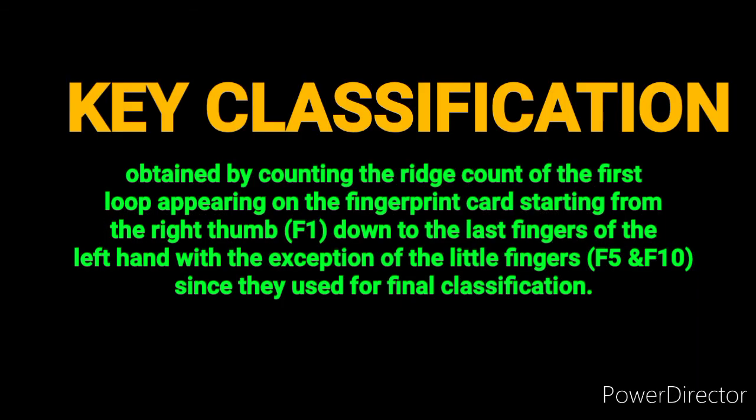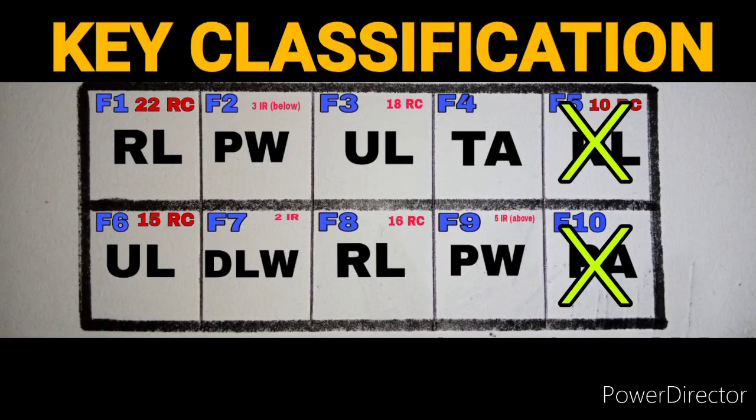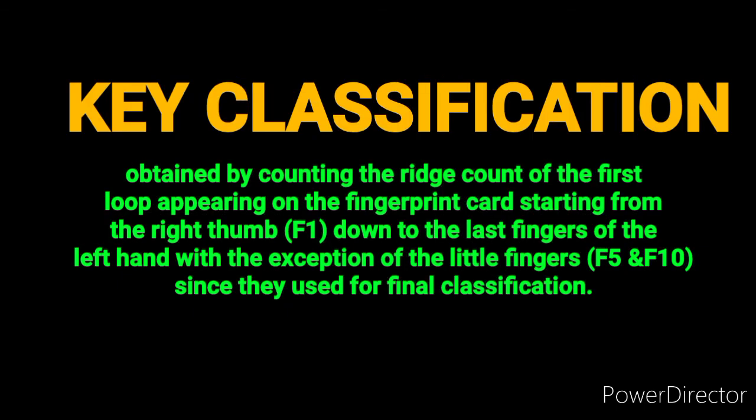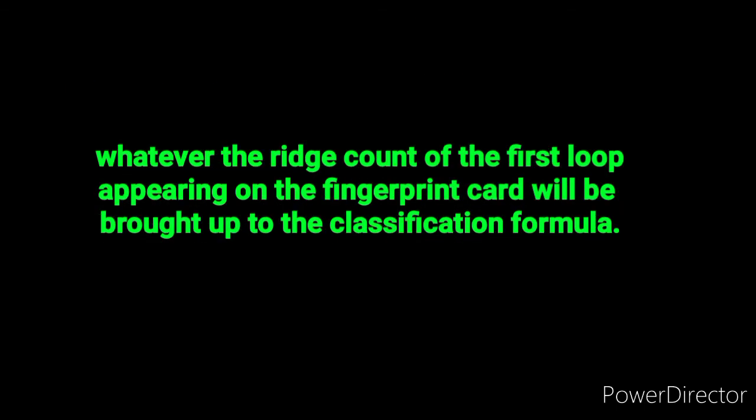Key classification is obtained by counting the ridge count of the first loop appearing on the fingerprint card, starting from the right thumb F1 down to the last finger of the left hand, with the exception of the little fingers F5 and F10, since they are used for the final classification. Whatever the ridge count of the first loop appearing on the fingerprint card will be brought up to the classification formula.